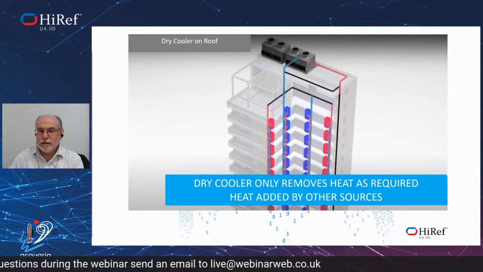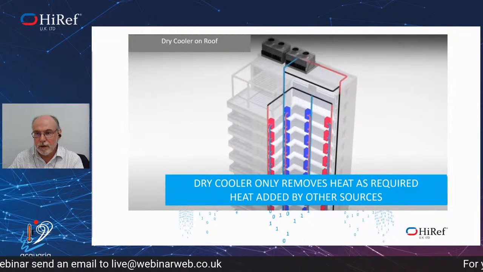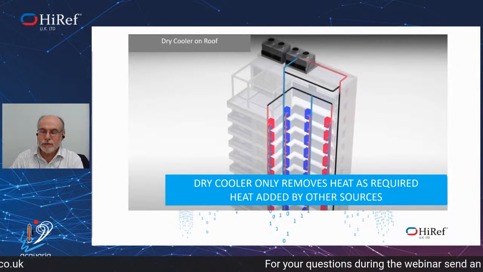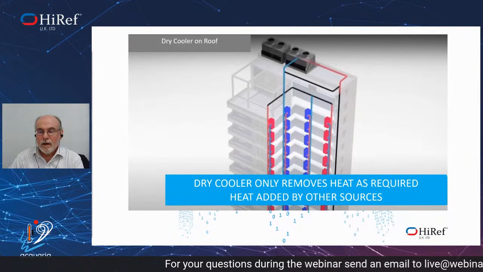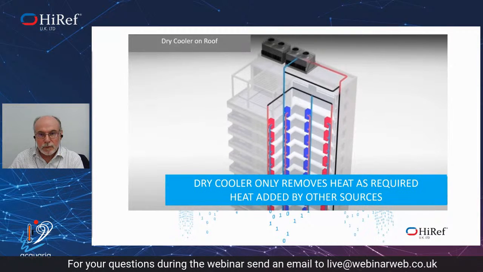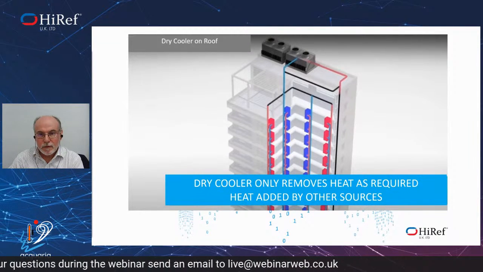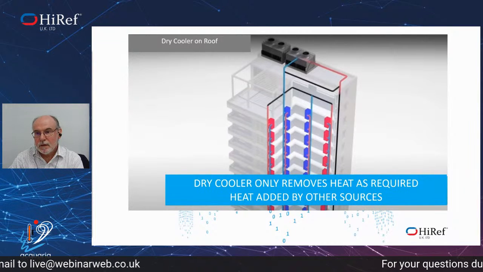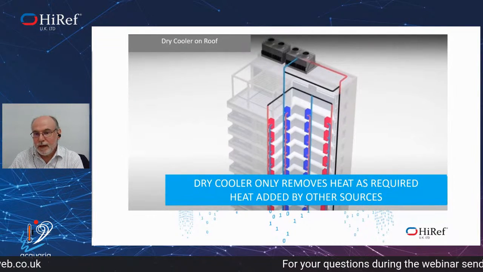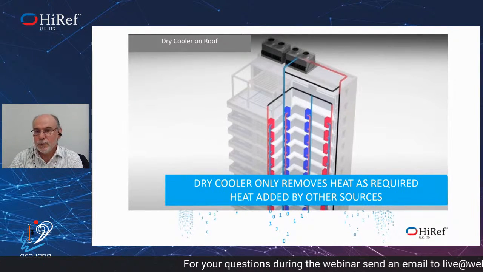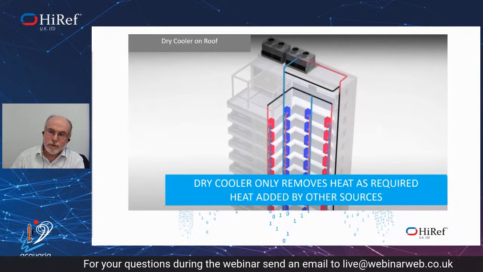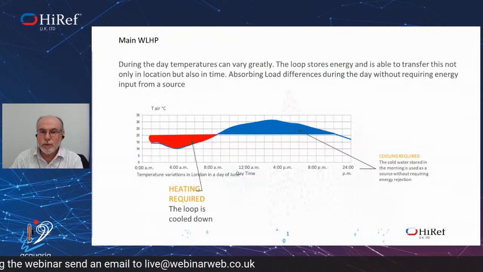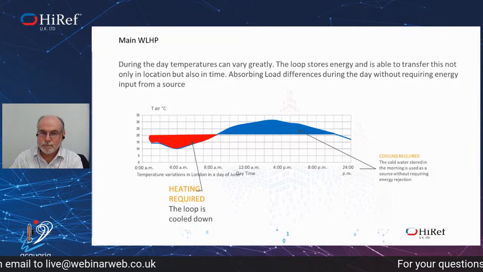Now, if we start looking at the Tricooler, sorry, that's removing the heat, which is on the roof of the building. The heat from the loop itself means that you'll need to add in heat to that loop to control it. Why I say that is that the loop itself has to be controlled within certain temperatures.